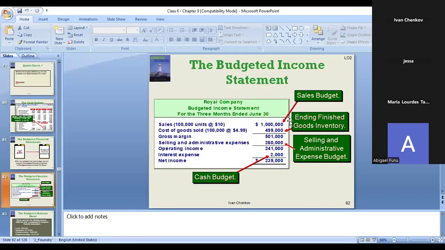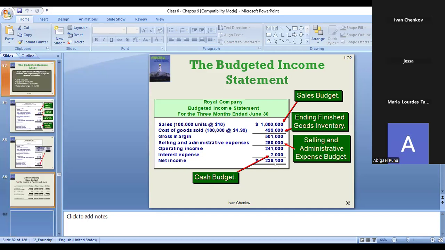Again, we're getting the sales from the sales budget. We're getting the cost of goods sold based on the units that we're selling, times cost per unit. We're adding from the sales administrative budget the sales administrative expenses. We're deducting the interest expense from the cash budget, and we're getting the net income.